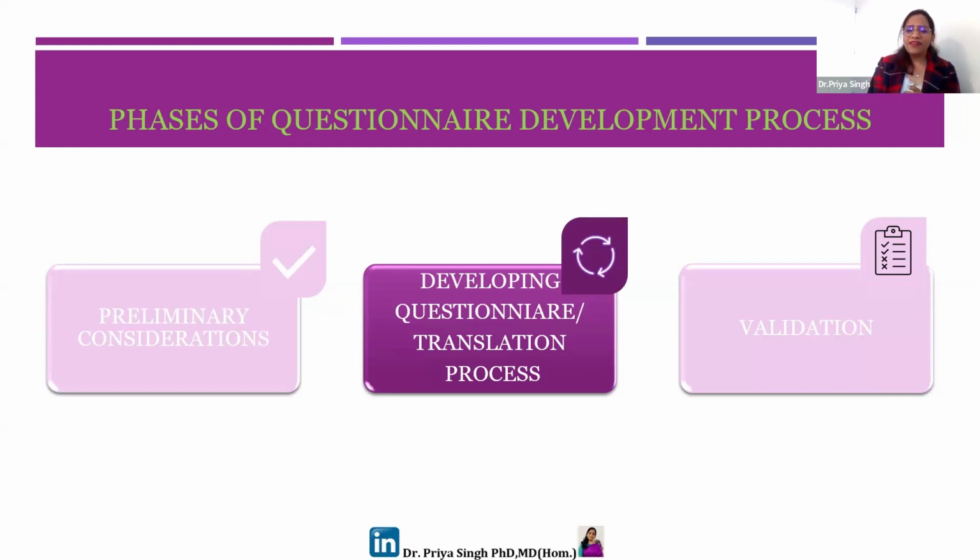Developing the questionnaire involves writing new questions based on the construct and objectives, ensuring that the questionnaire covers all necessary aspects of the concepts you want to assess. It also involves consulting experts in the field because you have to ensure that your questions are appropriate and aligned with the construct you want to measure.